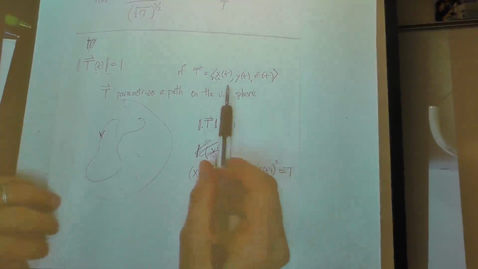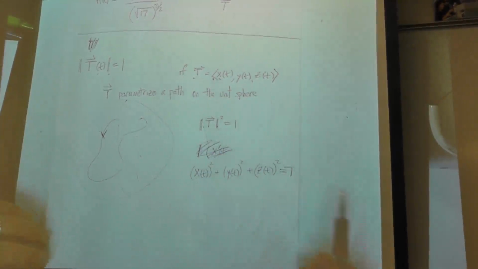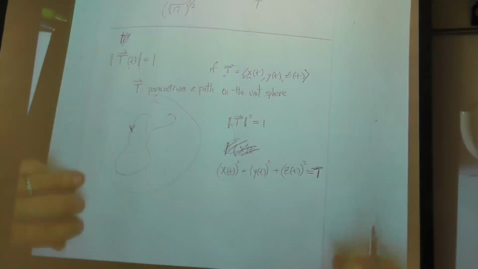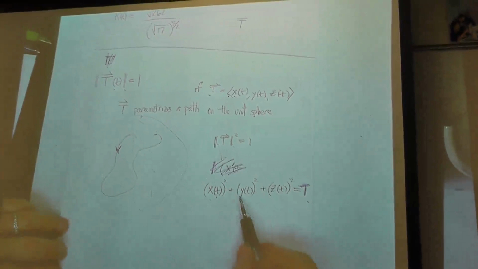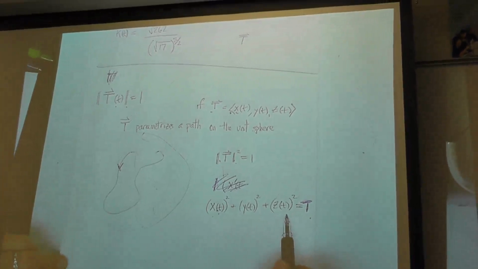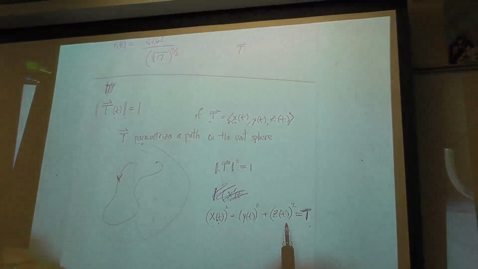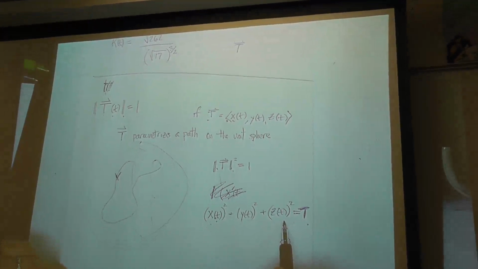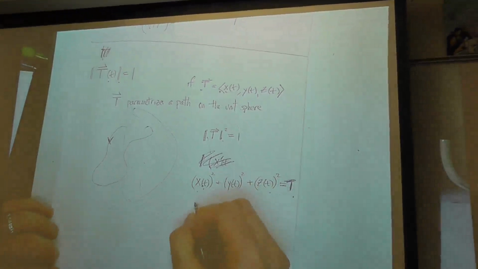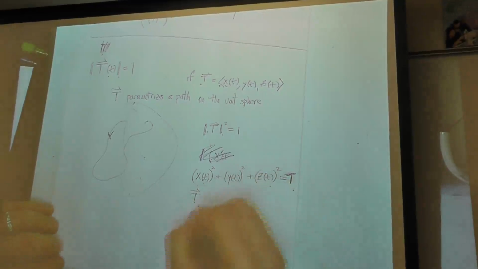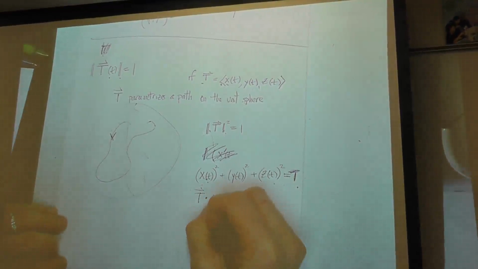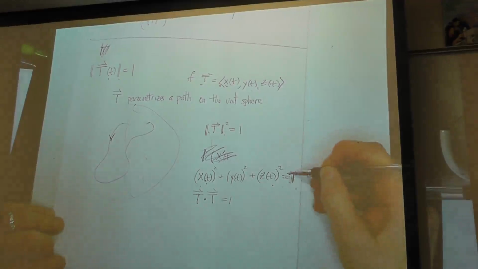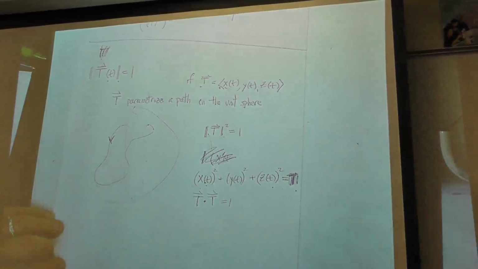I mean, all I'm doing is, if this is my T, then this adds up to 1. Well, this is a dot product. What is it dotting? This is the same thing as T dotted with T equaling 1. Bugs me 'cause it doesn't look like a 1.